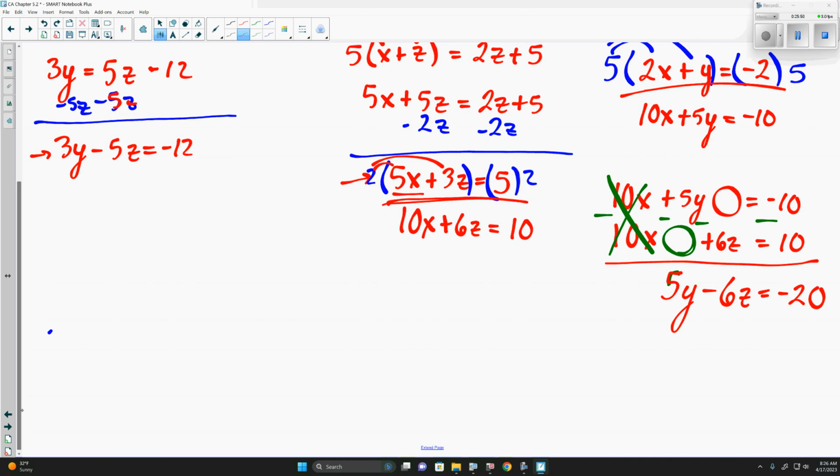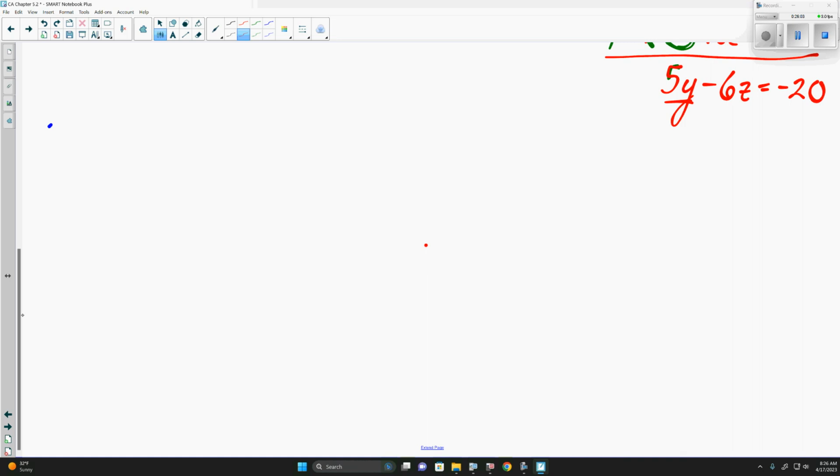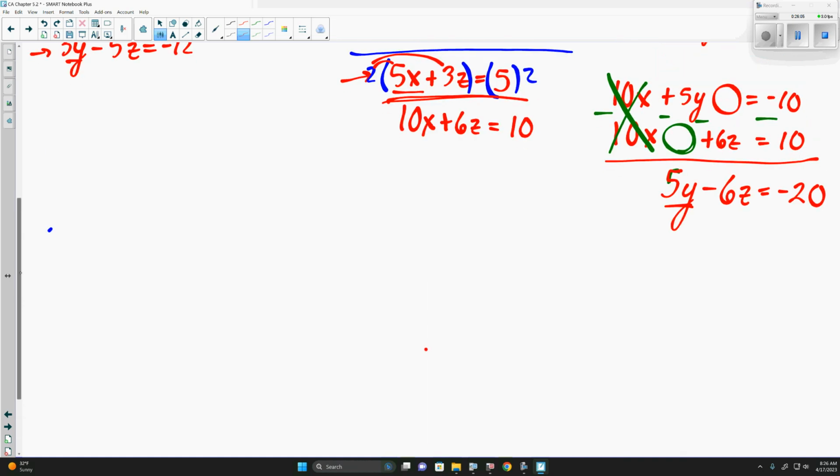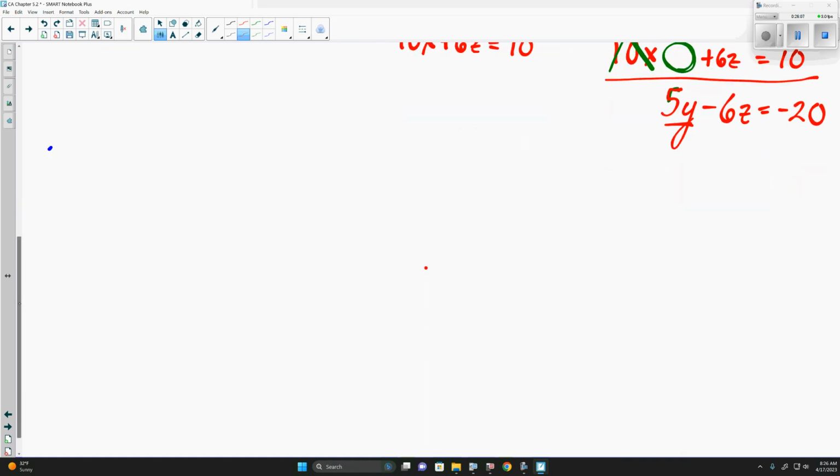We can do y. But in either case, unlike the last one with these two, the y's are not the same, so we can't just put them on top of each other. So again, with this one here, we need to change both of these so the y values are the same.